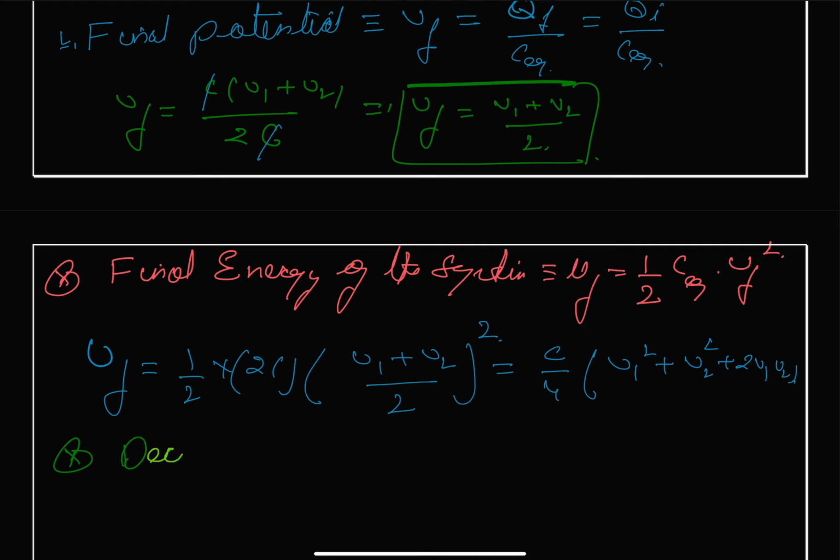So we can say decrease in energy, let us call that delta U, will be equal to U initial minus U final.